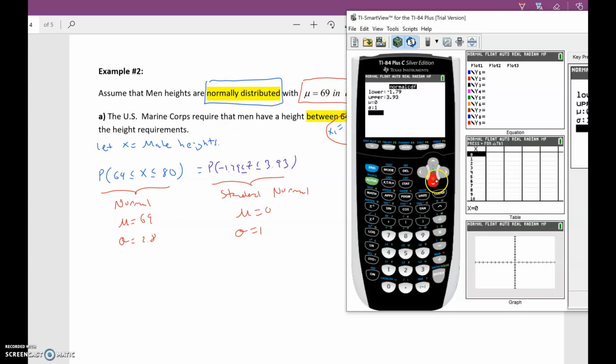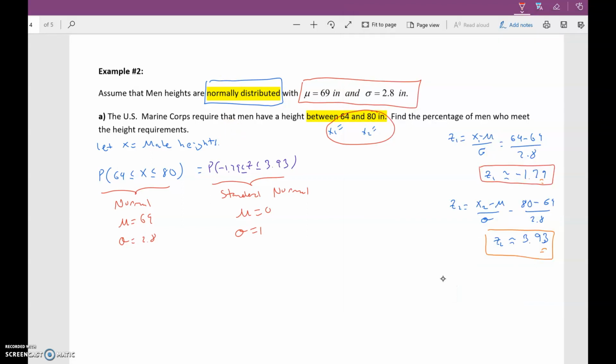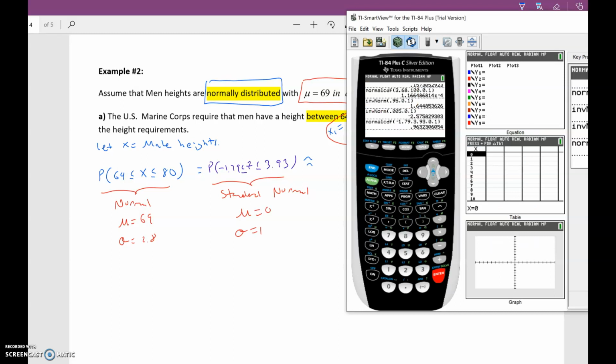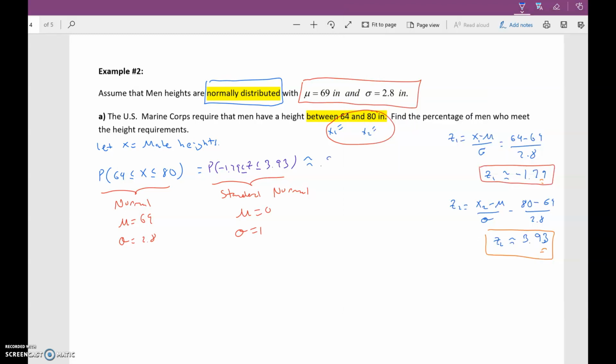Okay, so evaluating this one, I'm getting 0.9632. So the final value, or the probability that the height of this specific individual is in between those two, is just going to be 0.9632.